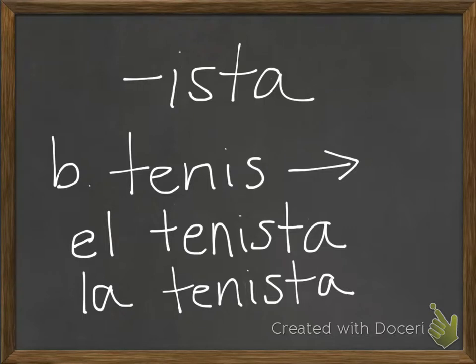Okay, now you might have actually noticed this one was a little bit different. Okay, I tried to trick you. Tenis actually ends in is, okay? Now look at the suffix up here. It starts with is. So all you're actually going to do is add the ta to the end of this one. So we have el tenista and la tenista.